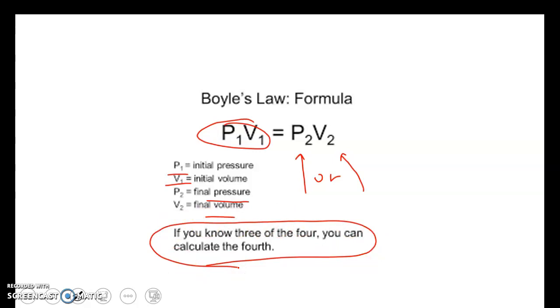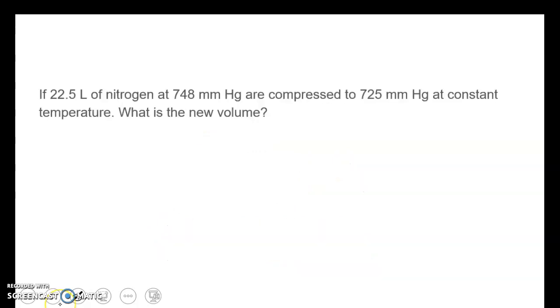And here's an example of what a Boyle's law problem would look like. So we have 22.5 liters of nitrogen at 748 millimeters of mercury. It's compressed, so the pressure is decreased to 725 millimeters mercury. The temperature stays constant. We want to know what the new volume is. This is, of course, a Boyle's law problem.